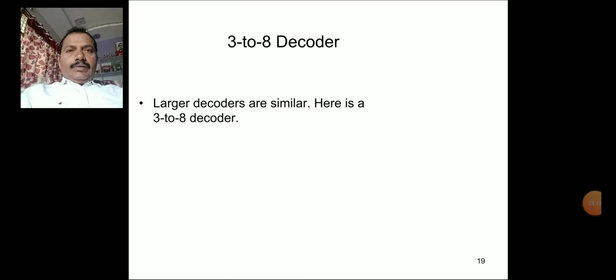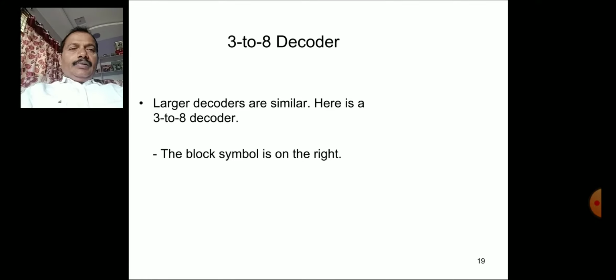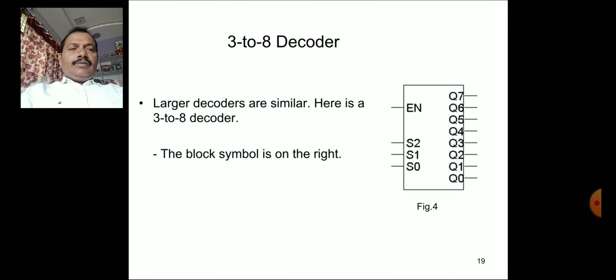These larger decoders can also be implemented in a similar way. The block symbol is like this, with the enable input and three actual inputs S0, S1, S2, and you have the Q0 to Q7 outputs.